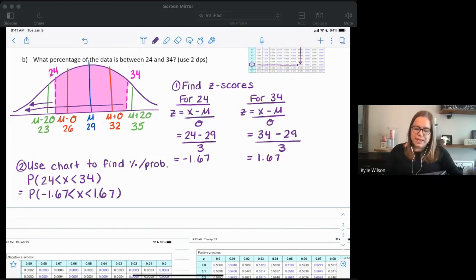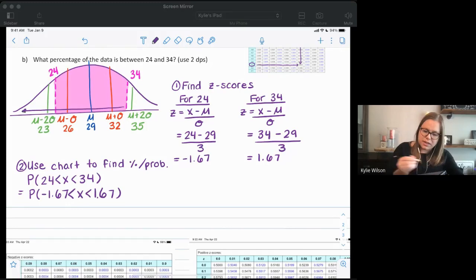Now, those are the pieces of information I can get from this chart. How do I just find the middle bit here? That's all I want. I just want the middle bit. So what I want to do is take this whole area for the 34. So I want to take all of the points that are below 34, and then I want to subtract this part because I just want the pink area.